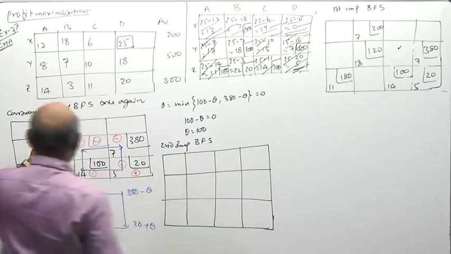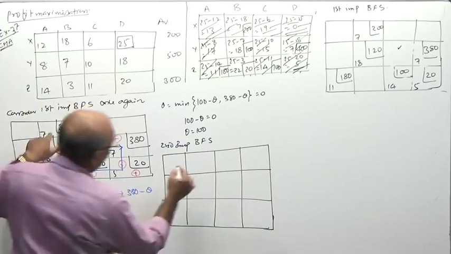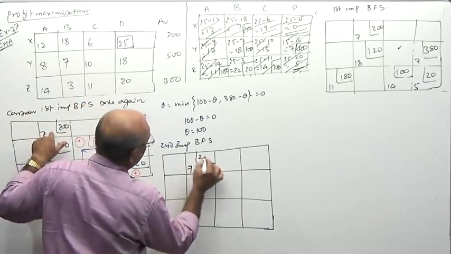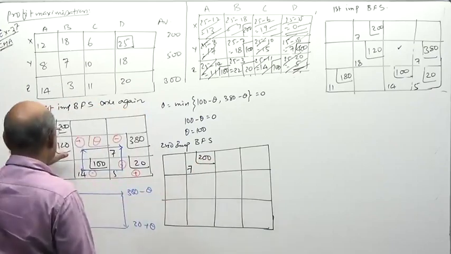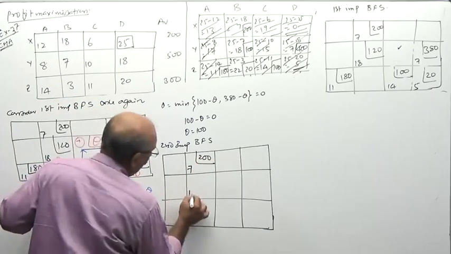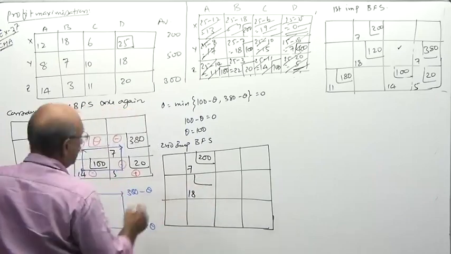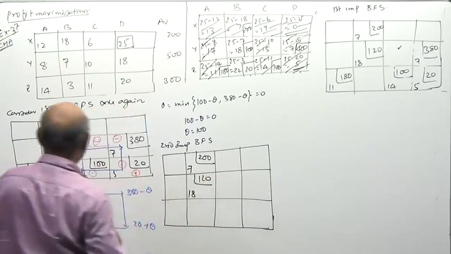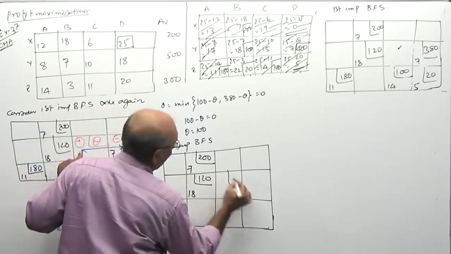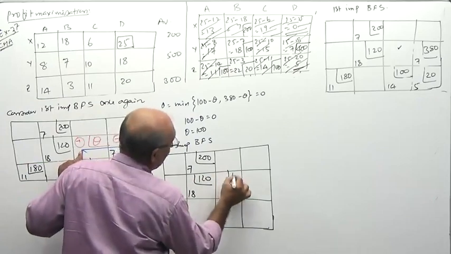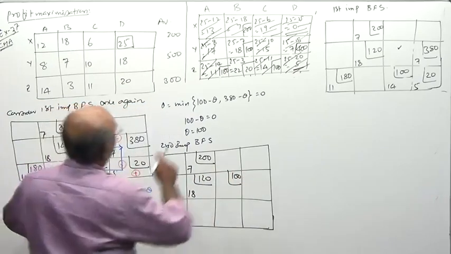There is no plus sign or minus sign in the first row, second column. 7 and 200 will remain the same. There is no plus sign or minus sign here. 18, 120 will remain the same. Theta plus sign, so 100 units. What is the cost here?